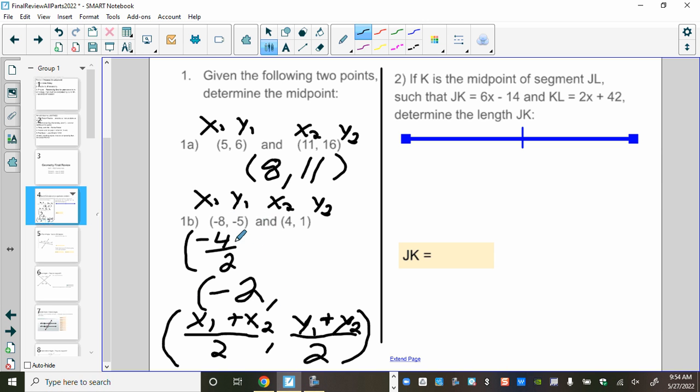Because negative 8 plus 4 gives us negative 4. And then what about the other one? Negative 5 plus 1. And then you also have to do what to this? Yep, so both of them turned out to be negative 2.